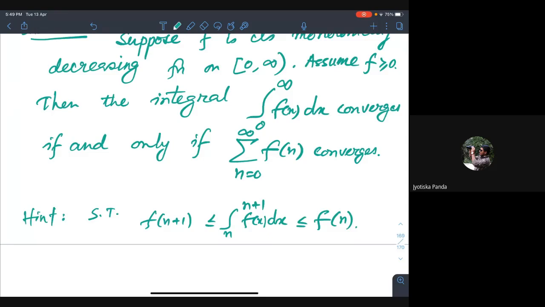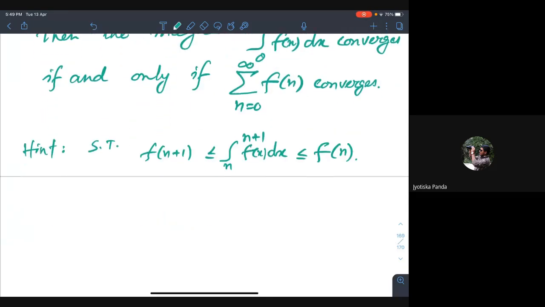And then take the summation. So now several of the properties of Riemann integration you can take to improper integrals also.